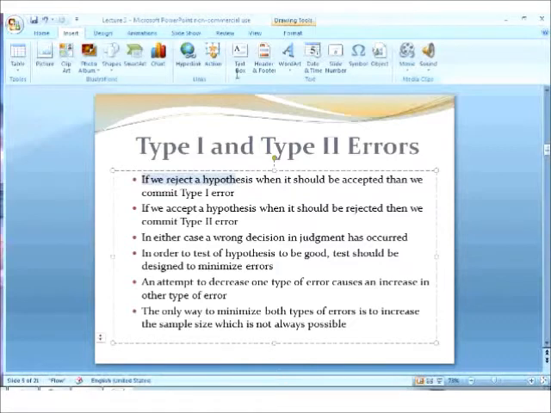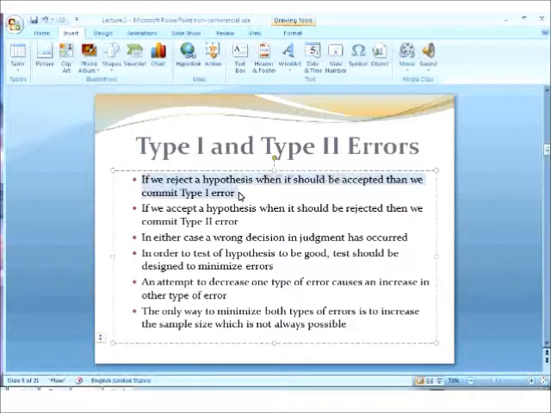It's not that we are committing, but there is a probability that we might be committing type 1 error. So, if we reject a hypothesis when it should be accepted, there are chances that we might be committing a type 1 error. On the other hand, if we accept a hypothesis when it should be rejected, then there is a probability that we are committing type 2 error.